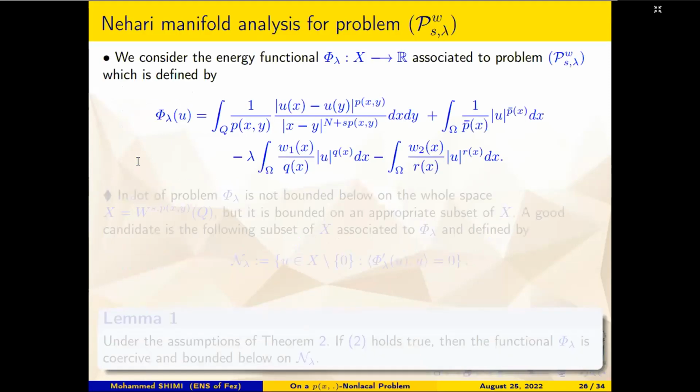To apply the Nehari manifold analysis to our problem, we consider the energy functional Φ_λ associated to our problem, defined by this expression.